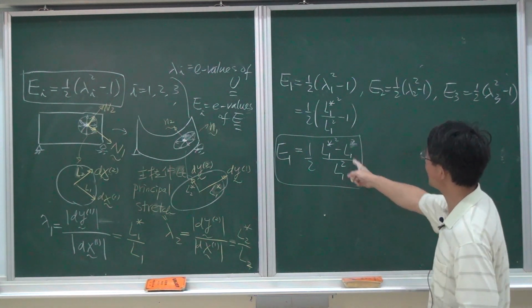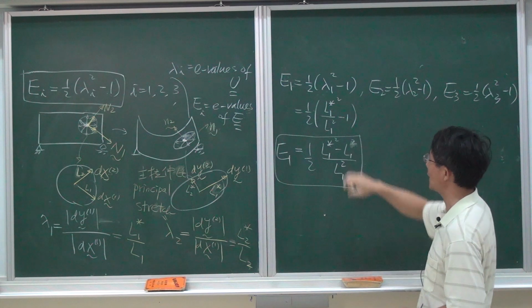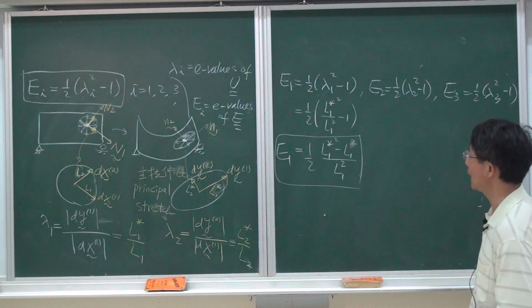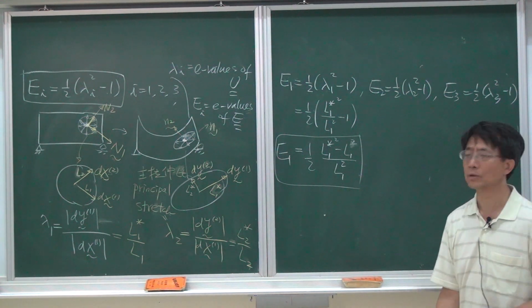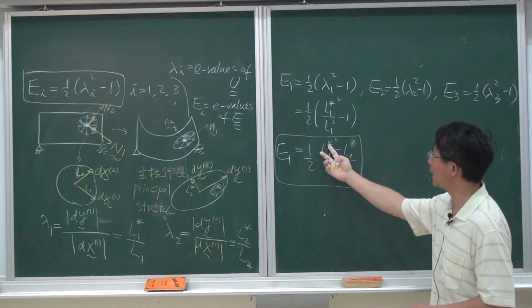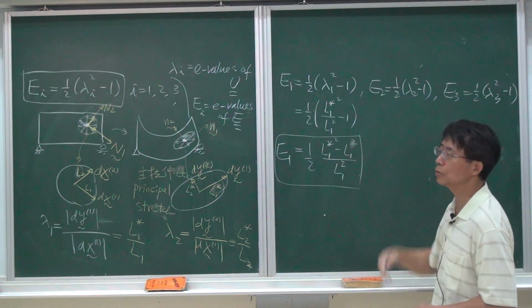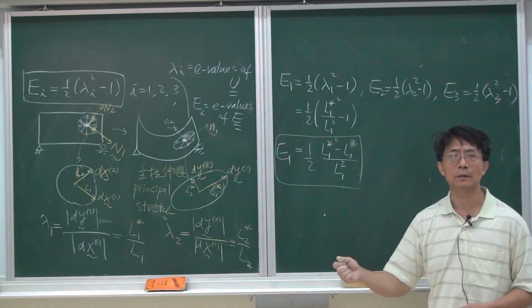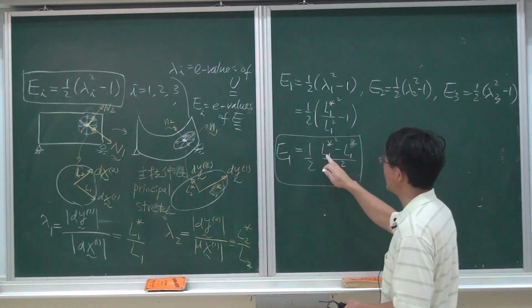It is the difference between the deformed material line and the undeformed material line divided by the undeformed material line. This is the notation for strain: the square of the deformed length minus the square of the undeformed length, divided by the square of the undeformed length. This is the expression of strain, right?